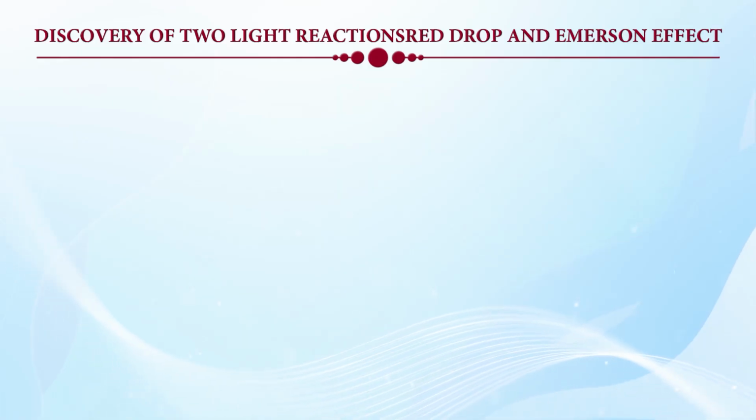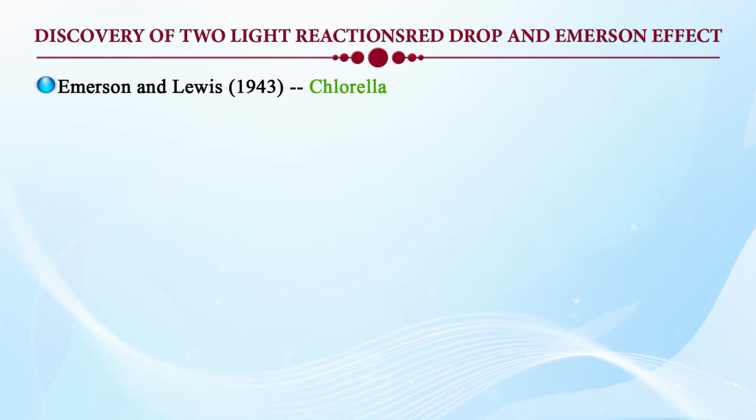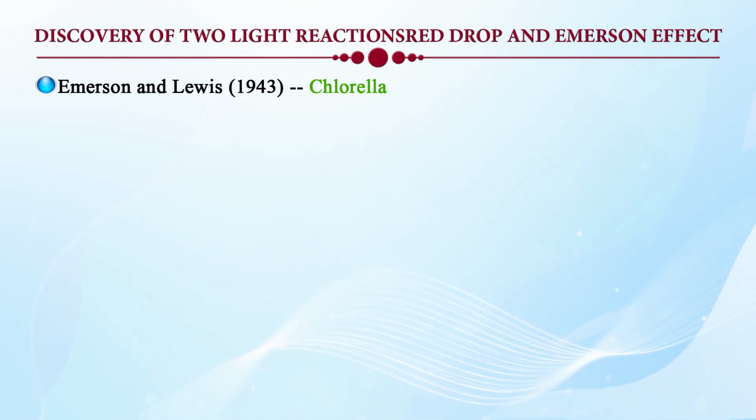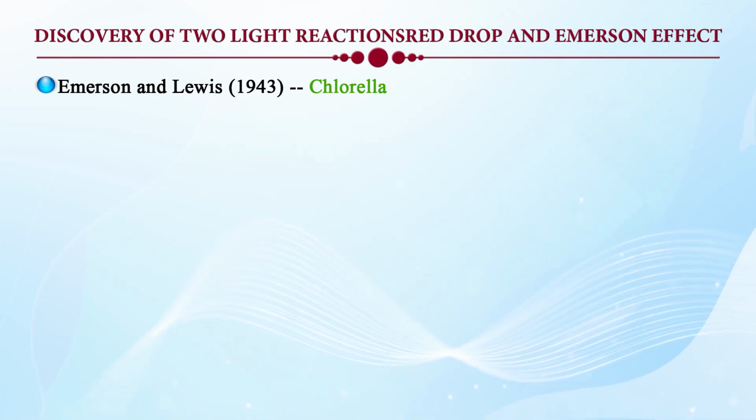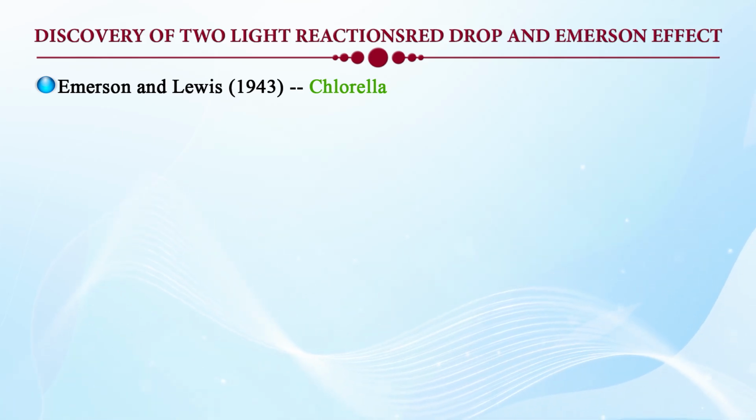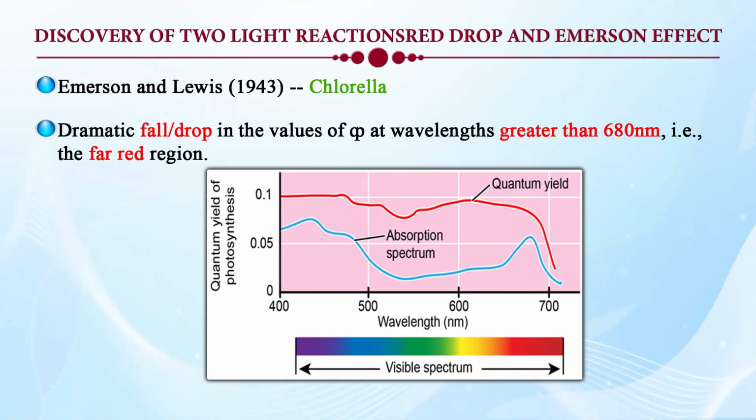Now, how did the 2 reactions in photosynthesis come to be discovered? It is a very interesting experiment which was performed by Emerson and his associate Lewis in the year 1943. They were working on the unicellular green alga chlorella. They exposed chlorella to wavelengths higher than 680 nanometers, that means in the far red region, and they found there was a dramatic drop in the value of phi.